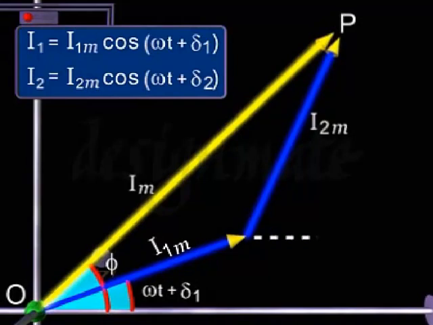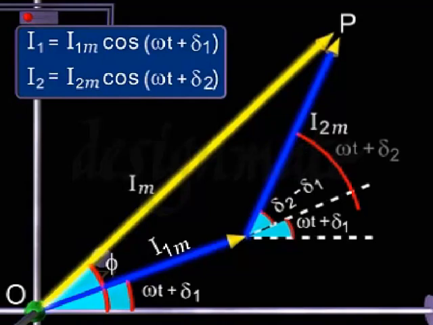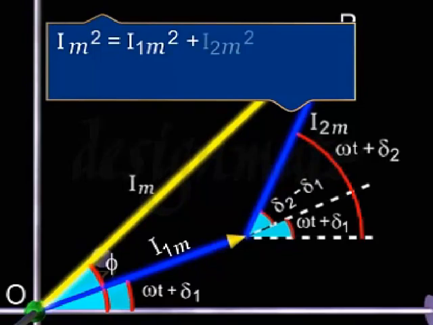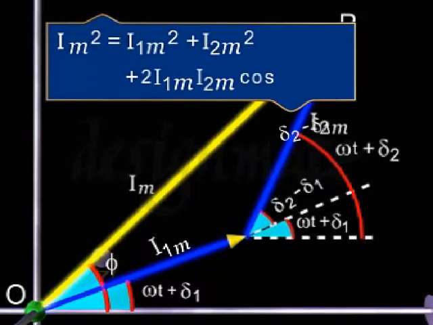From the above figure, we can see that delta 2 minus delta 1 is the angle between I1 and I2. Now, Im squared is equal to I1m squared plus I2m squared plus 2 I1m I2m cos(delta 2 minus delta 1).